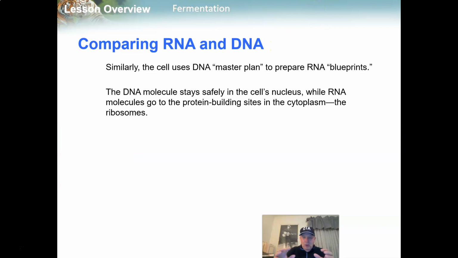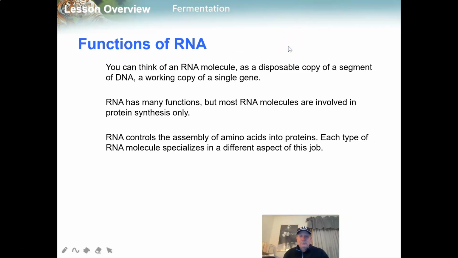The DNA is very valuable, so it turns its information into a copy that it gives to the RNA to go outside the cell's nucleus. You can think of an RNA molecule as a disposable copy of a segment of DNA, a working copy of a single gene. RNA has many functions, but most RNA molecules are involved in creating proteins.